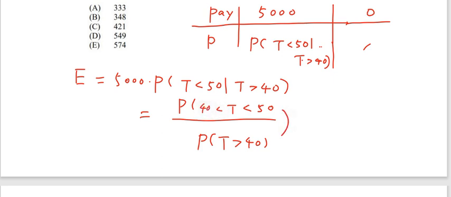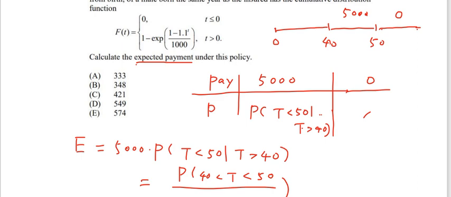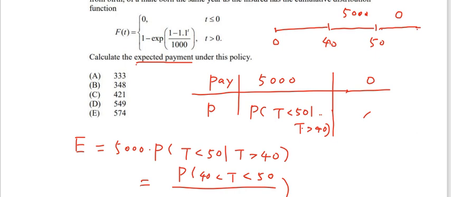To find those probabilities, we check the cumulative distribution function, which is the probability for t less than this t, right?